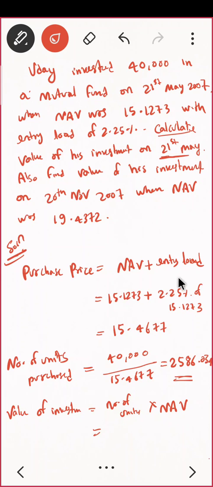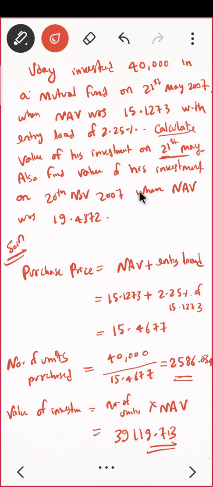Because whatever entry load is, that is extra part, that is not my value of investment. Value of investment will be the number of units multiplied by NAV. Just put the number of units you are having and NAV 15.127. You'll get the answer. The answer is 119.713. Just verify whether you are getting the same value after multiplying. So we are done with the first part.